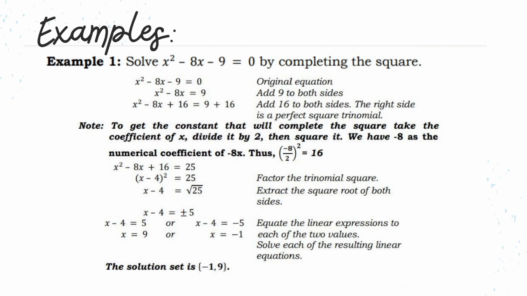Always remember the formula: transpose the last term to the other side first. Then, as I told you, we get the b over 2 formula, and we add it to both sides, replacing the 9. So the equation becomes x squared minus 8x plus 16.